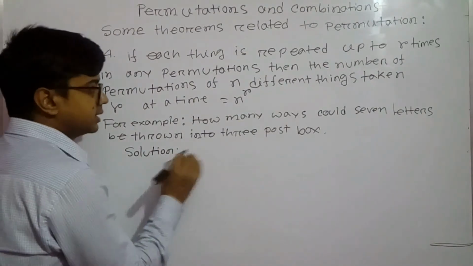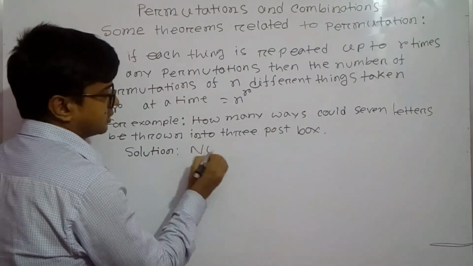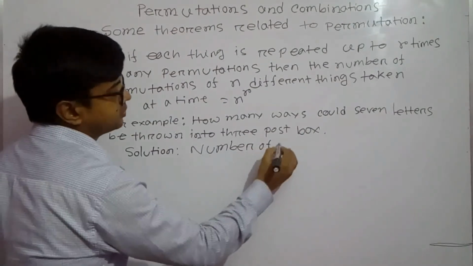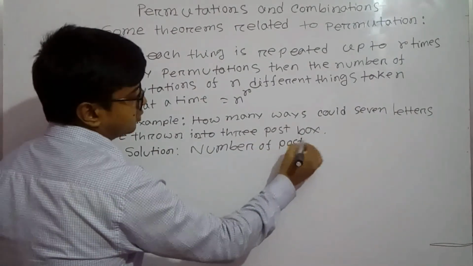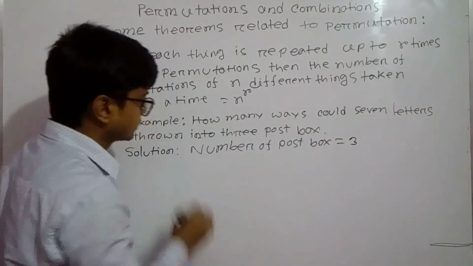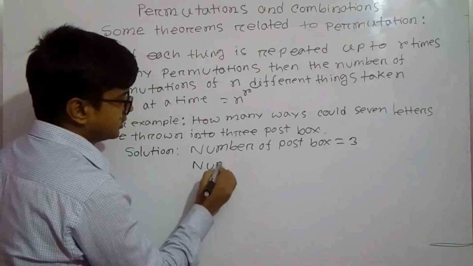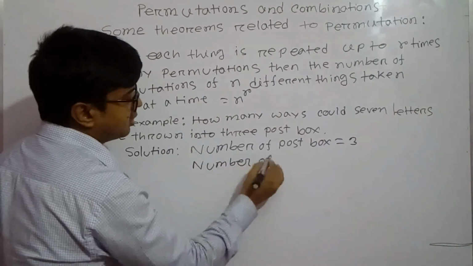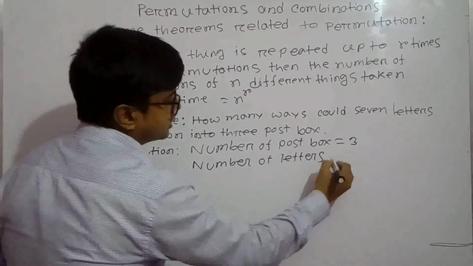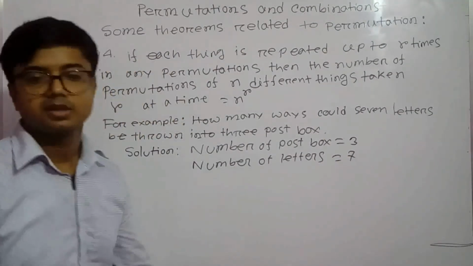Solution, we can write here number of post boxes equals to 3 and number of letters equals to 7.